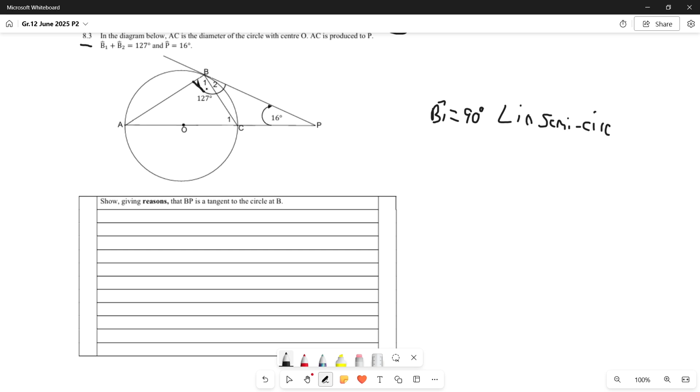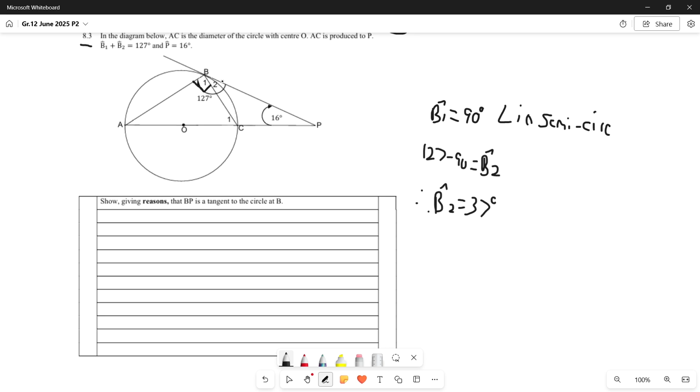A reminder that we're trying to prove the converse of tan chord theorem, meaning that we're trying to prove that B2 over here equals angle A over here. So if we know that B1 equals 90 degrees, it means that B2 is the remaining portion, which means we can take 127, subtract 90 from it, and we'll have B2. So this is just working out. There's no reason here apart from the fact that 127 was given to us. So therefore 127 minus 90 equals B2, and B2 therefore equals 37 degrees.